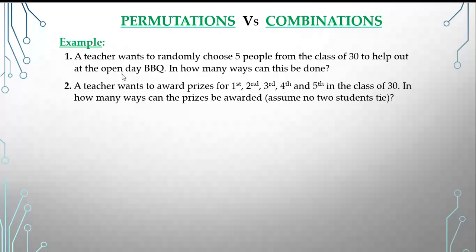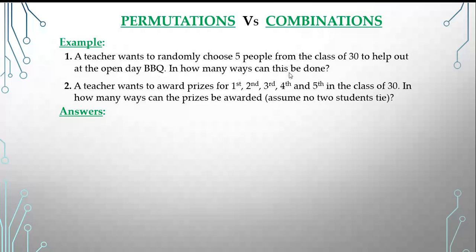So here we take two examples, and through these two examples we can see where we have to use permutation and where we use combinations. What is our first example? A teacher wants to randomly choose 5 people from a class of 30 to help out at the open day BBQ.